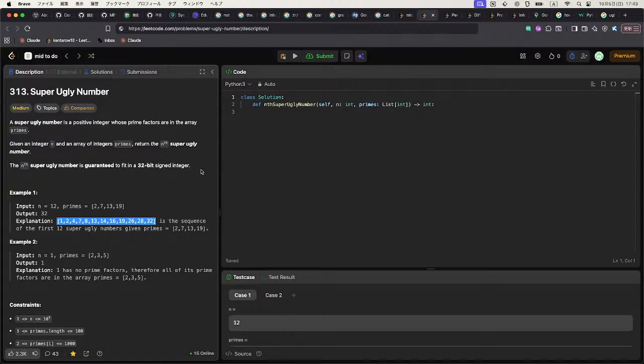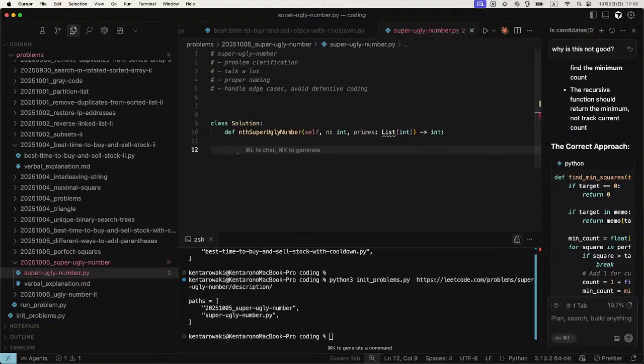Yeah, I also have solved a similar problem to this problem, so I think I can.